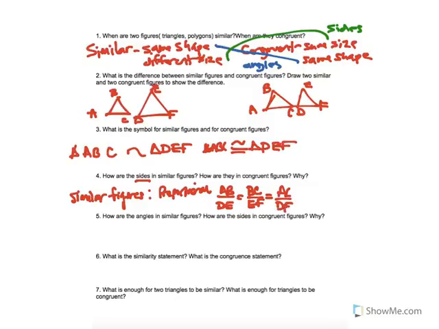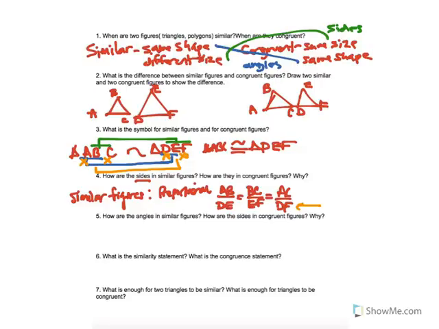And we know this all because of the similarity statement, right? AB and DE, BC and EF, and then AC and DF. Okay, and that's exactly what we had down here.